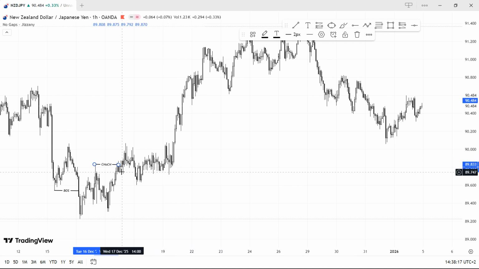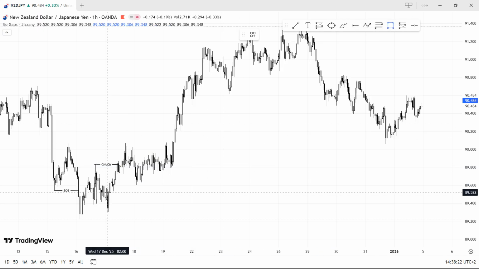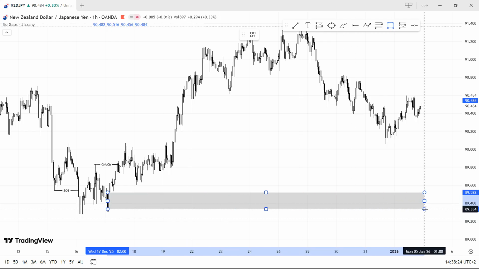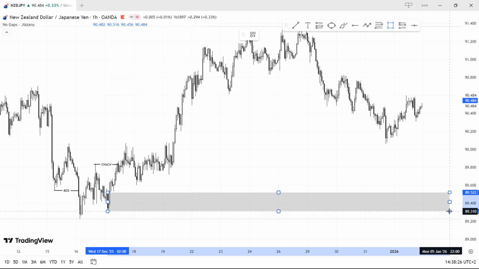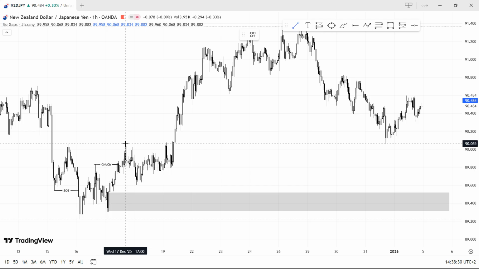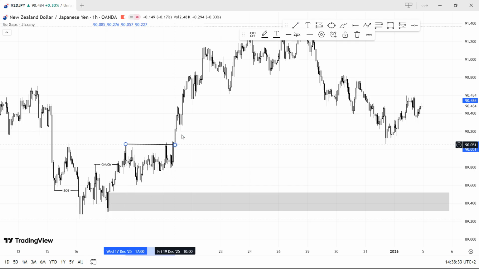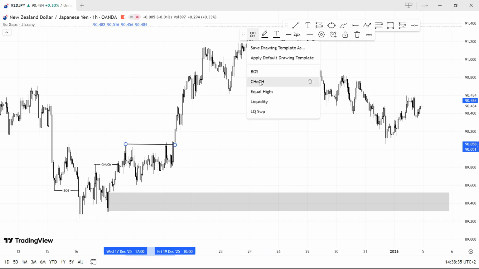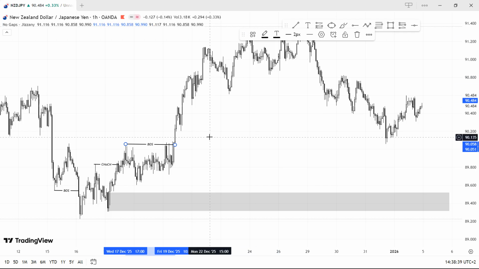After changing character, we can see that price left this area unmitigated. It didn't come back to tap in that area, and we started to have another series of higher highs going up. Sorry, that will be a break of structure, not a change of character.